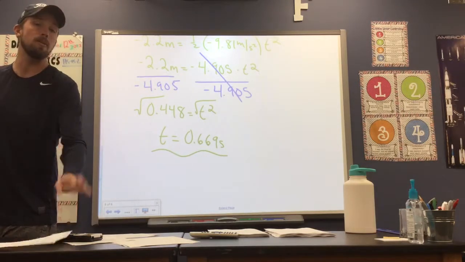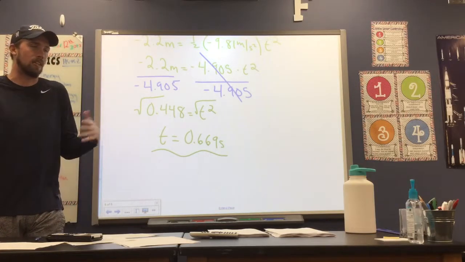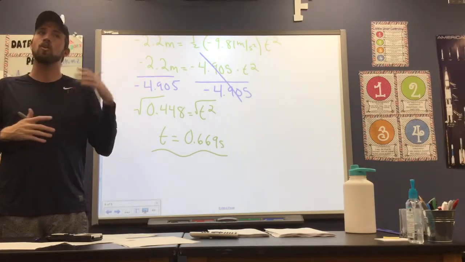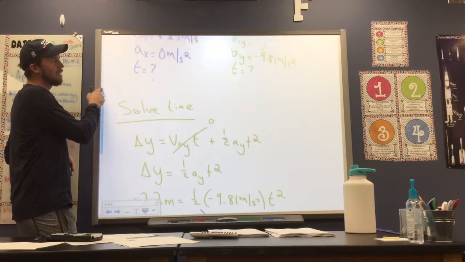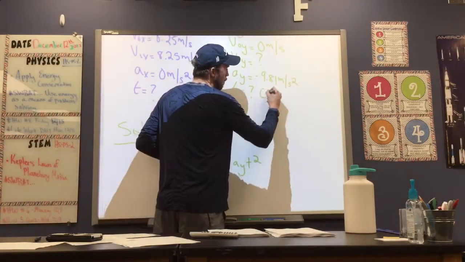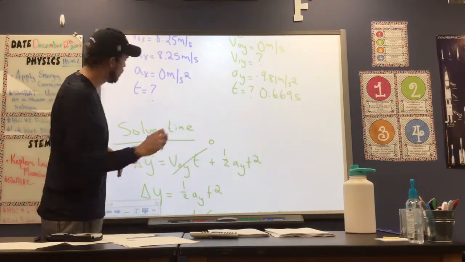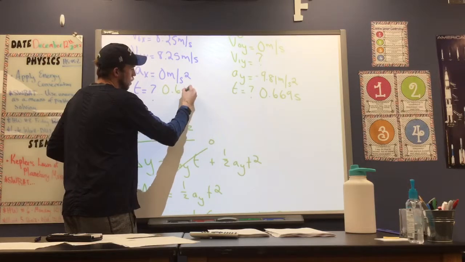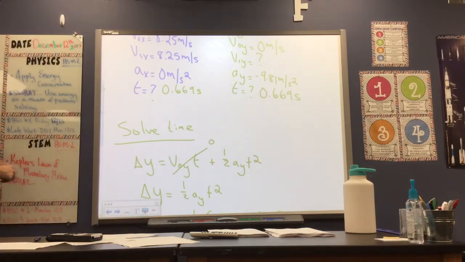There was a decent amount of work to get there, and even though the problem isn't telling us specifically to find time, we need that in order to find how far we go. Once we have this time value, remember, time in kinematics is the same in both directions. 0.669 seconds in the x direction will be the same as in the y.